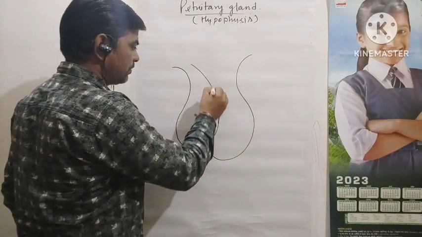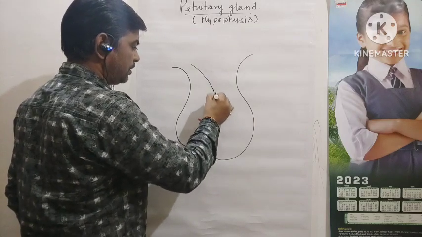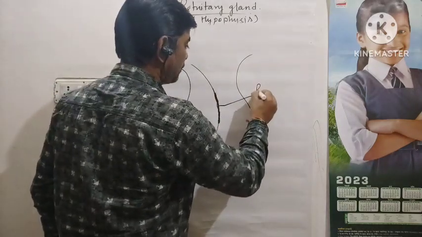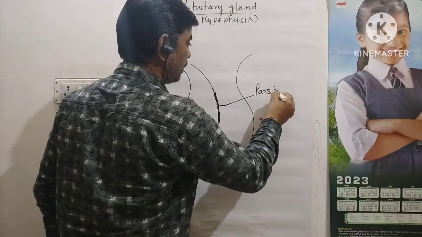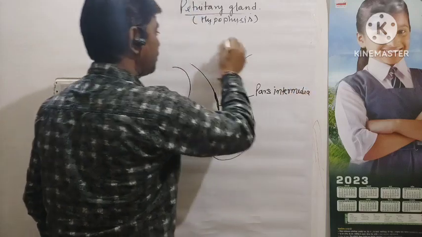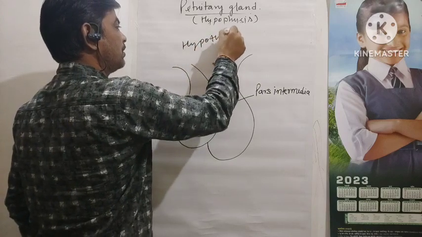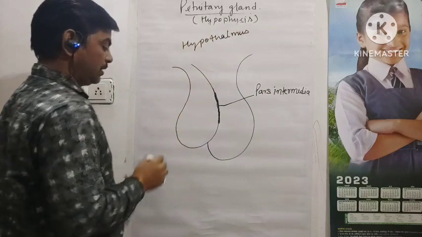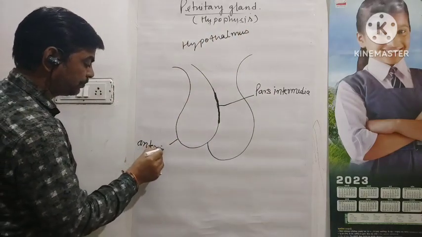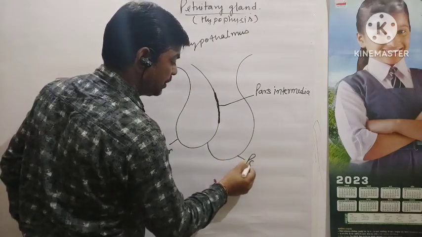This middle region is the pars intermedia. This upper region is the hypothalamus. This is the anterior lobe of the pituitary gland, and this is the posterior lobe.